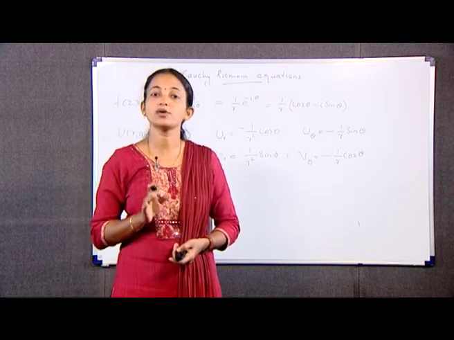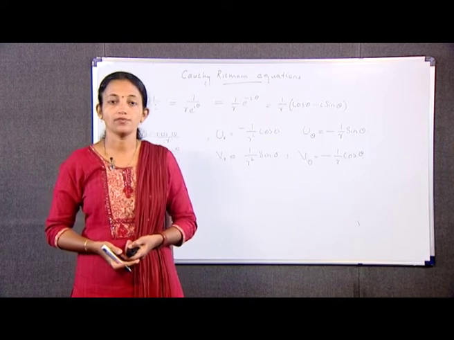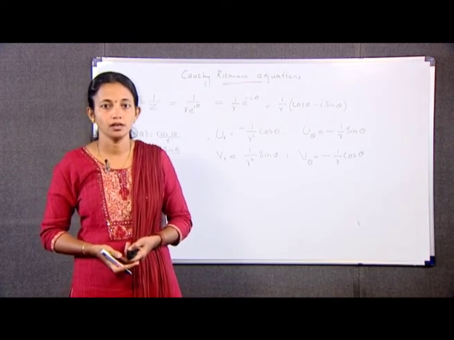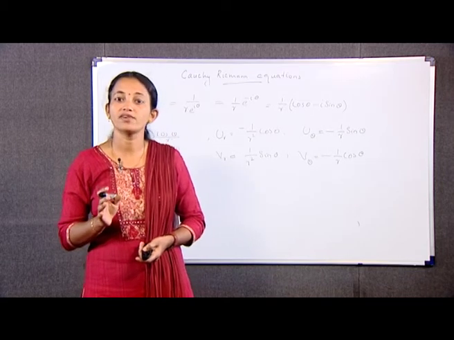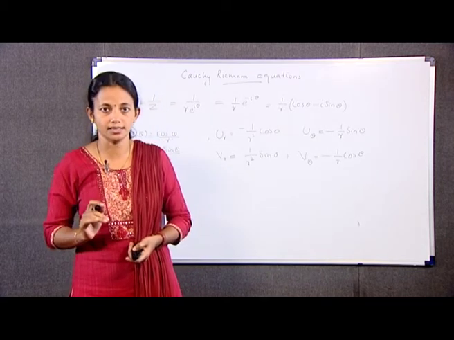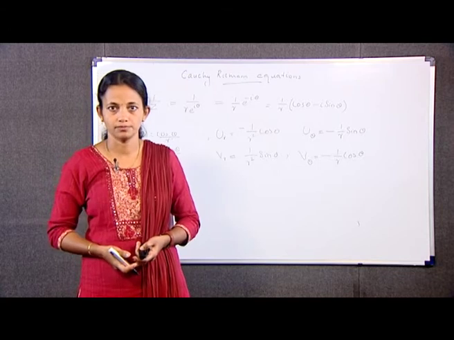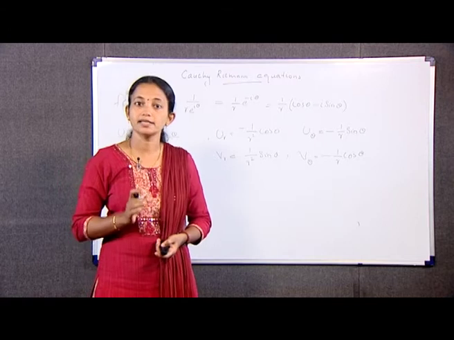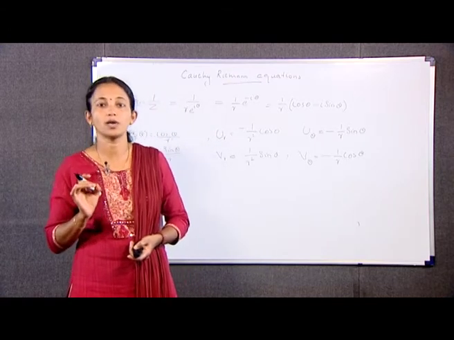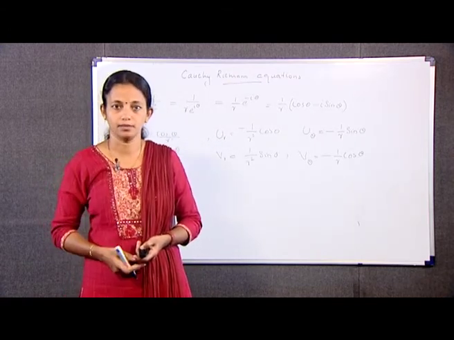Also, the first order partial derivatives of the functions u and v with respect to r and theta are continuous at every non-zero point r theta in the complex plane. Hence, all the conditions in the theorem are satisfied at any non-zero point z is equal to r e raised to I theta in the plane.